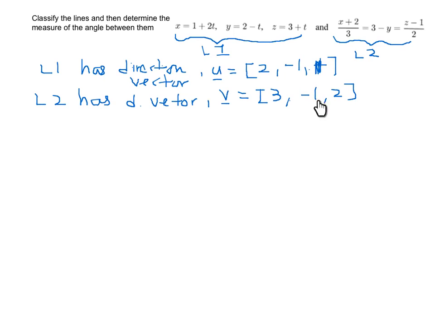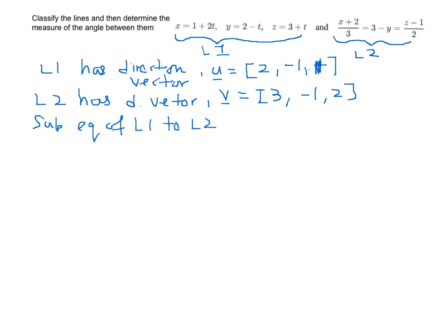These two vectors show that both lines are not parallel, but the question is whether they intersect or not. So what we're going to do is substitute the equations of line 1 into line 2. This is a very standard approach if we want to find the intersection point of two lines. We substitute the lines in parametric form into the lines with Cartesian equations.